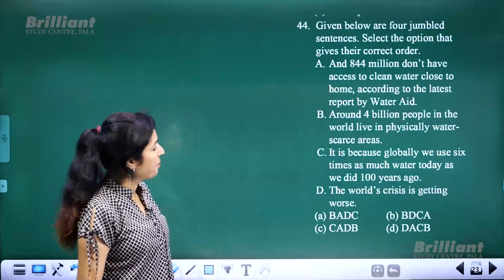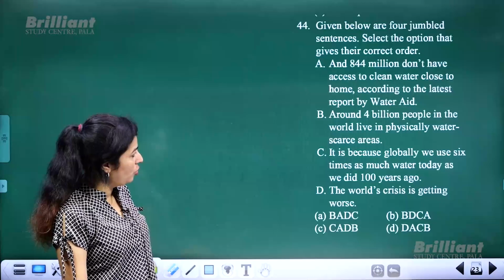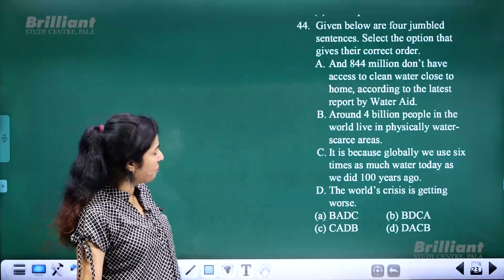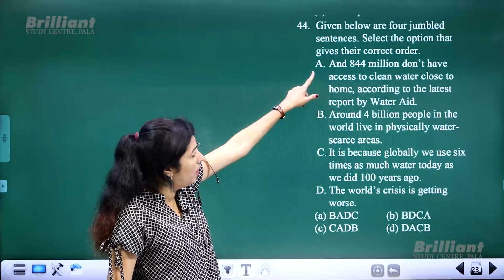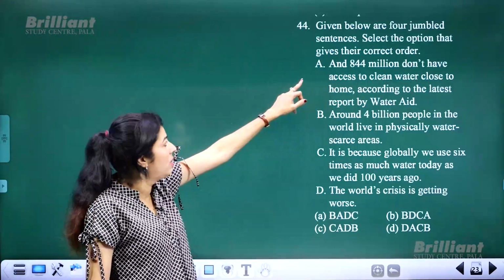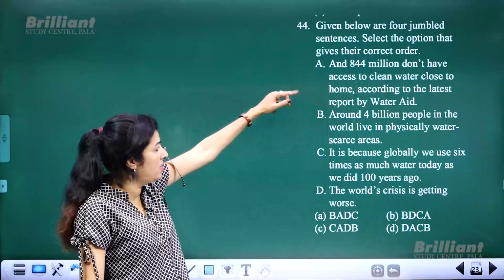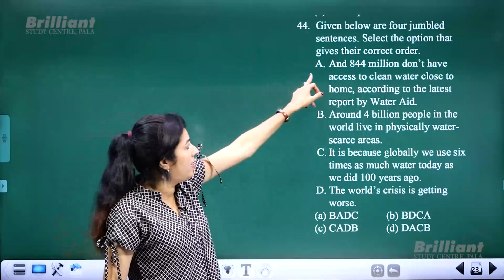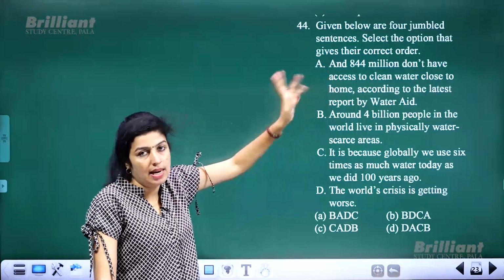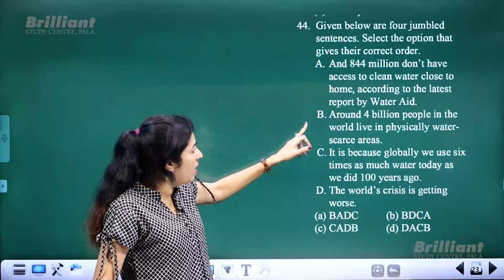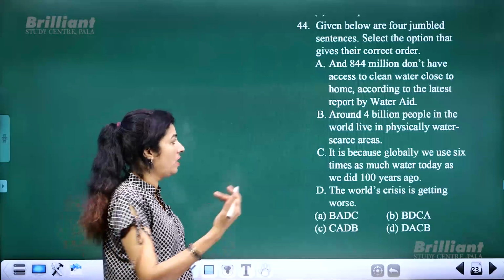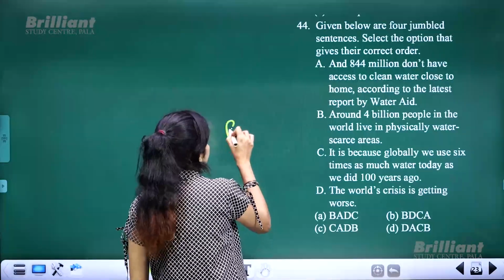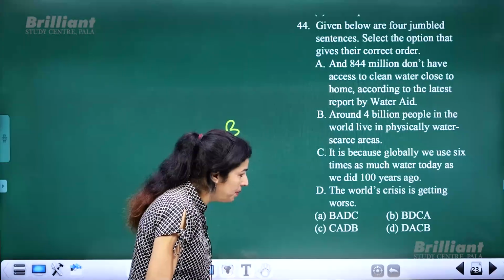Next is, to arrange it into proper sequential order. See, sentence A starts with "and". So, you cannot start with and. Around 4 billion people in the world. You can start with B. And how many options are there with B?